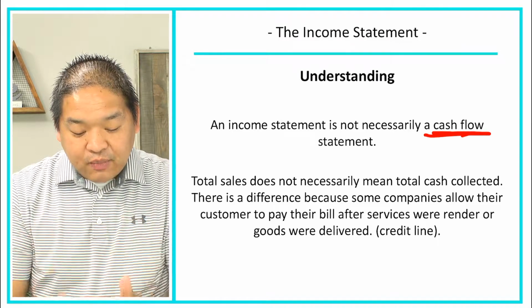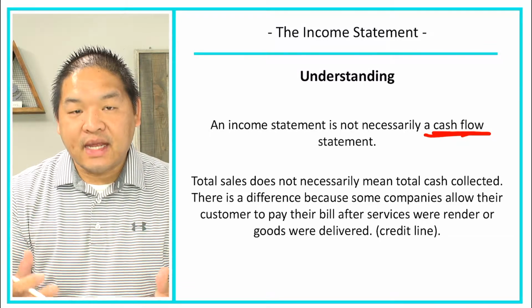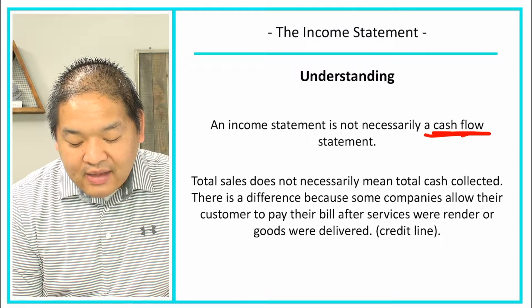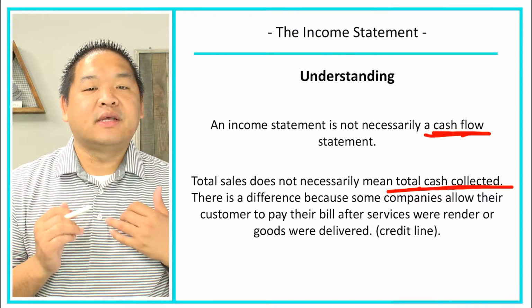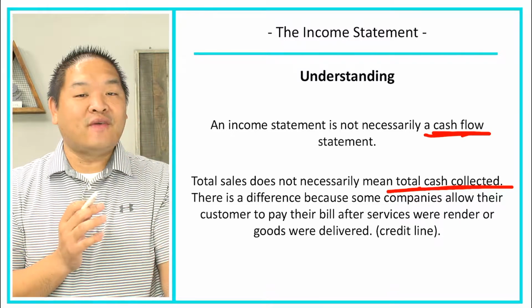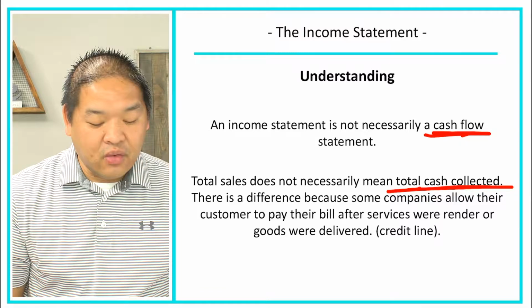So it's important to understand that the total revenues and the total net income and the total expenses do not necessarily mean total cash collected, because we might have earned the revenues now, but we'll collect in another period, and that is okay.